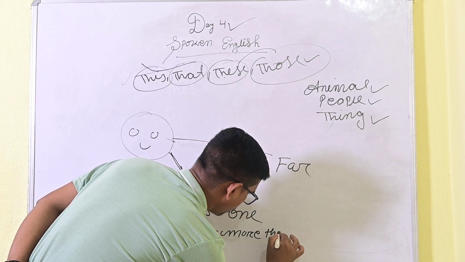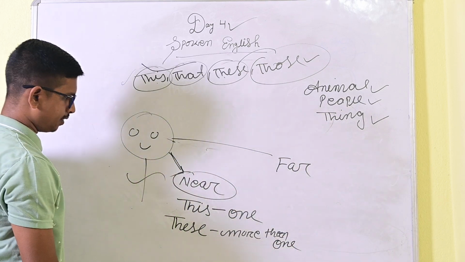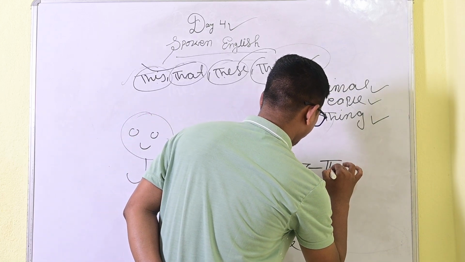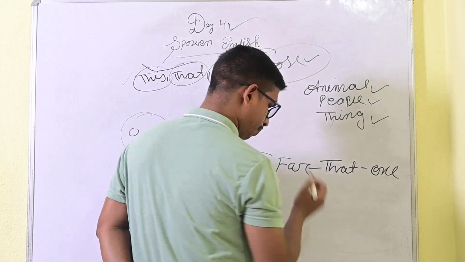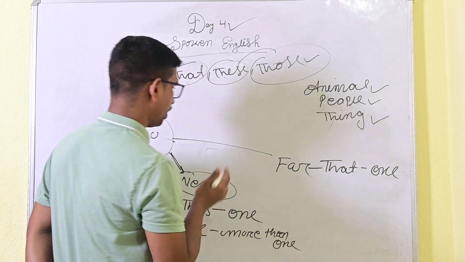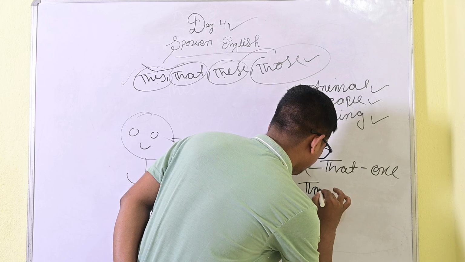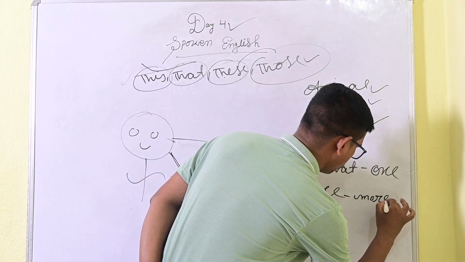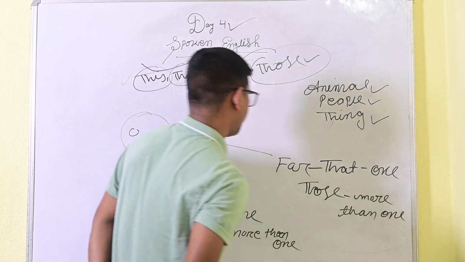When you talk about far and it is one, a person, a thing, or an animal, you use that. When you talk about far and it is more than one, you use those.